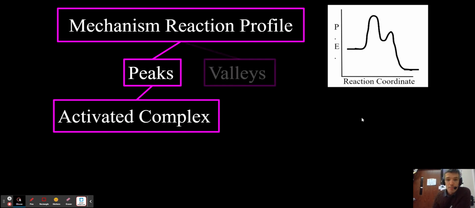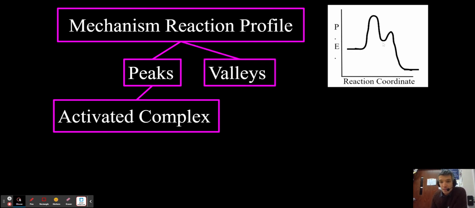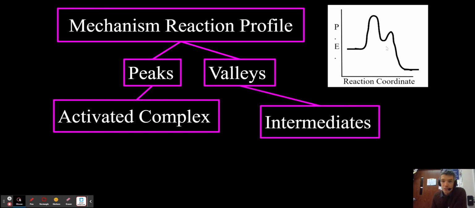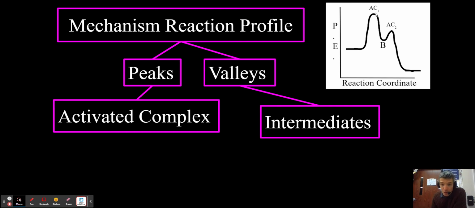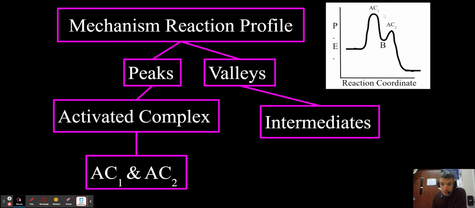My valleys, and this has one valley between two peaks, is an intermediate. That's where I'd find my intermediate. On the graph that I gave you, A and C are my activated complexes, sometimes known as transition states, and B is my intermediate.